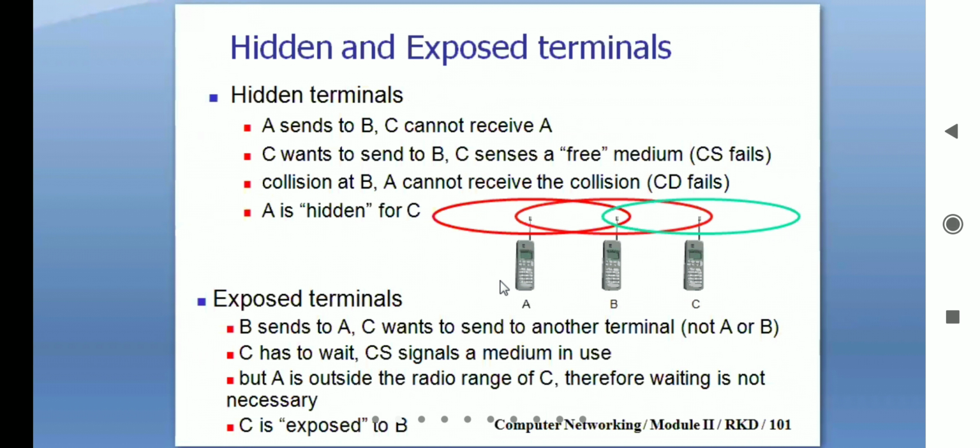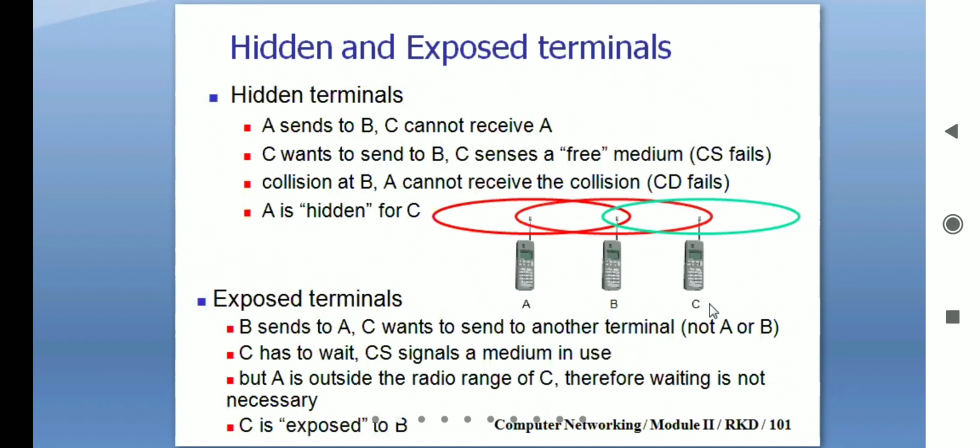So A thinks the medium is free, and C also thinks the medium is free, even though A is communicating with B at that time. If C senses the medium, it is free because C is away from A. Both of them sense the medium, find it free, and transfer data at the same time. Is there a collision or not?